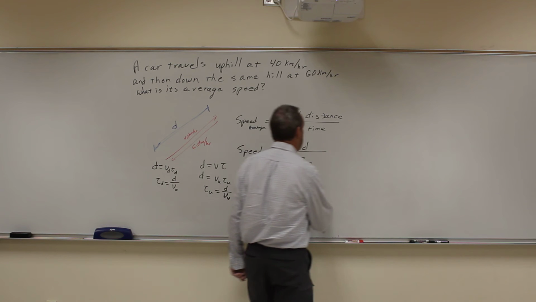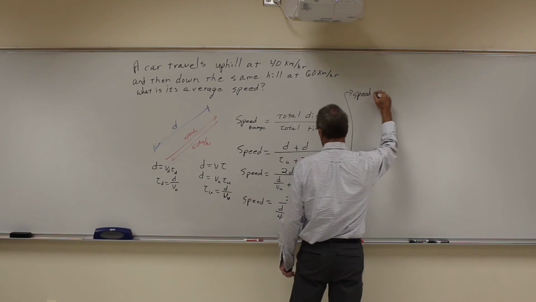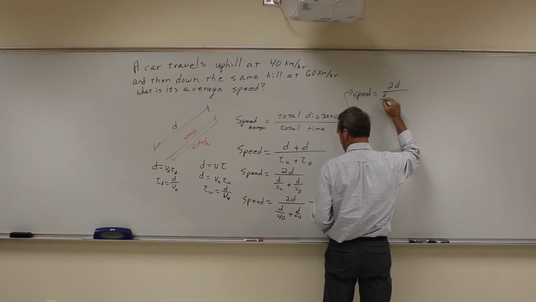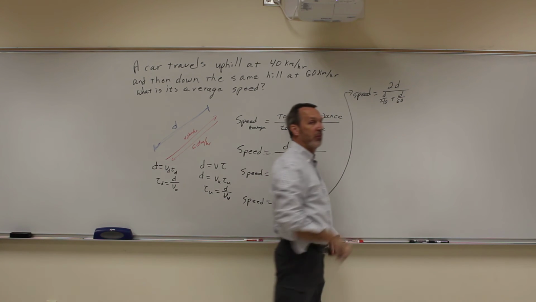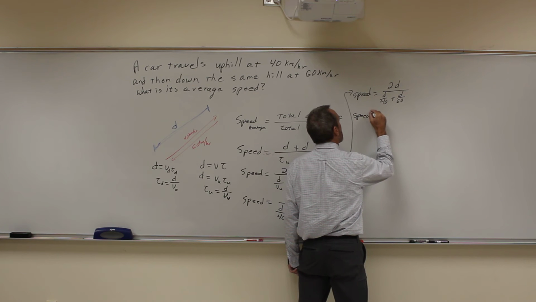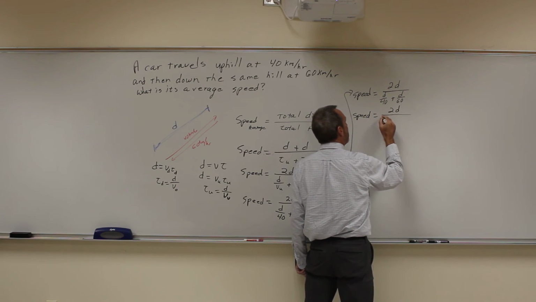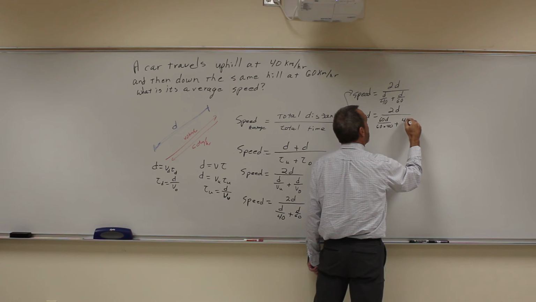Okay, so the speed is going to be equal to 2d over d over 40 plus d over 60. And what you have to do is have a common denominator, and the easiest way is going to multiply this by 60 over 60, so I get 60d over 60 times 40 plus 40d over 60 times 40.